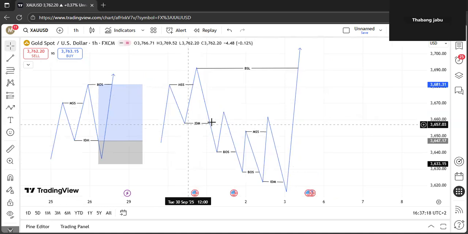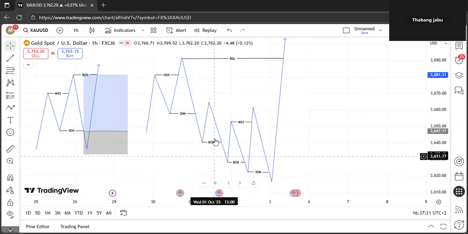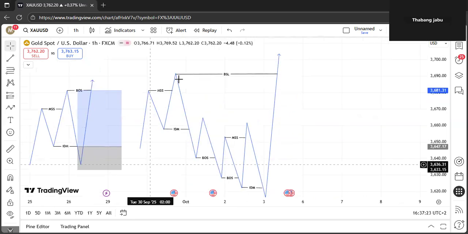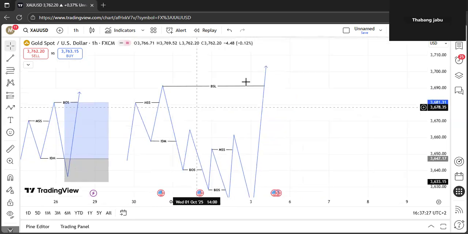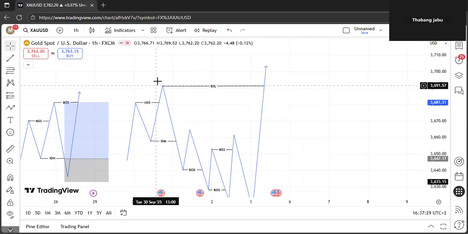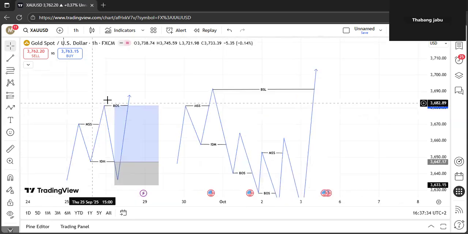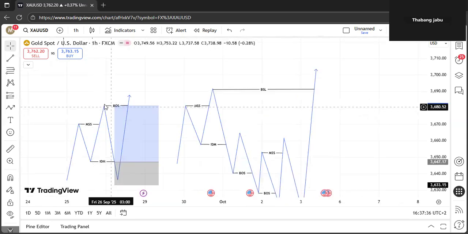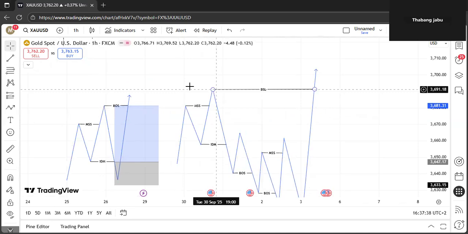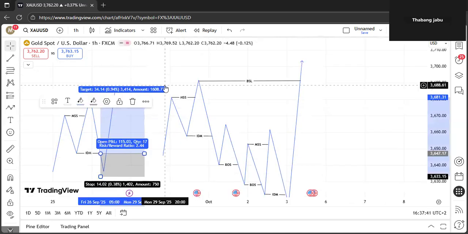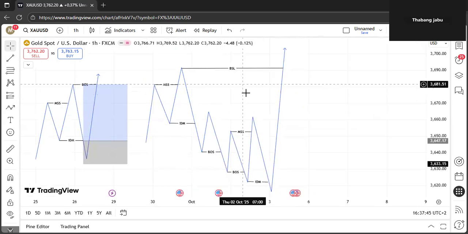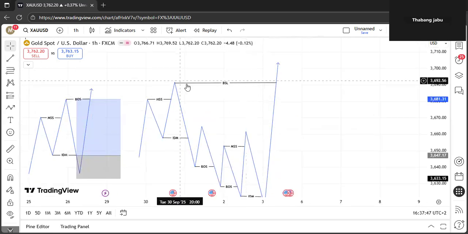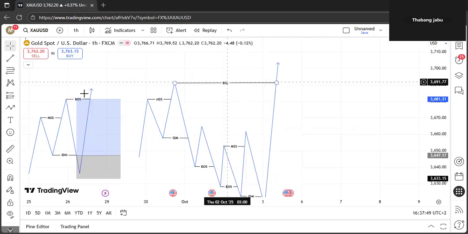After taking out liquidity, it continues to go down, go down, go down, creating what we call a buy side liquidity, because this high has to be taken no matter what. So same thing as here. This one was taken early, but here it took time, but it will come back to take the buy side liquidity. And then after taking the buy side liquidity, we can finally call it our breaker structure, same as this side.